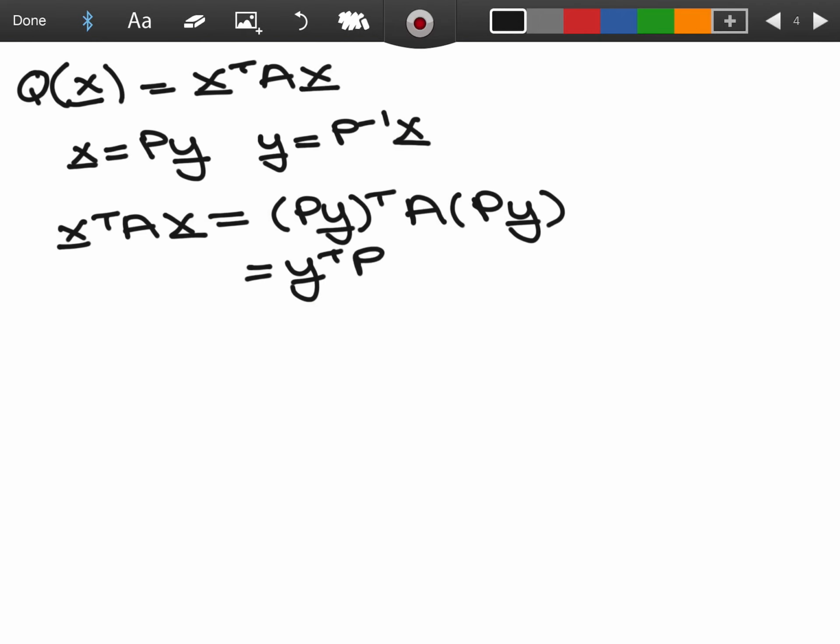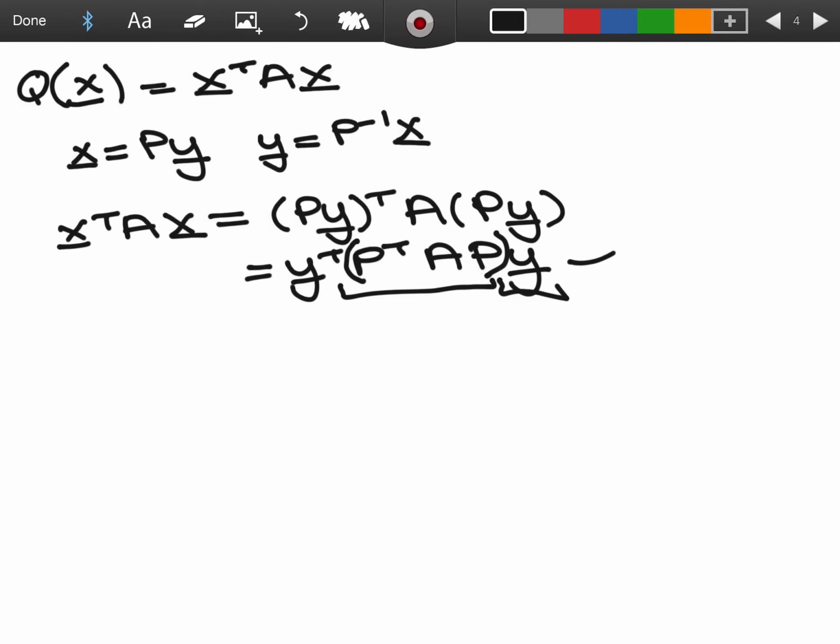So you're going to have Y transpose, P transpose, A, P, Y. Now, if I distribute this slightly differently, putting parentheses around P transpose AP, I have an n-dimensional vector transpose times an n by n matrix, because I've got three n by n matrices multiplied together here, times this n-dimensional column vector.